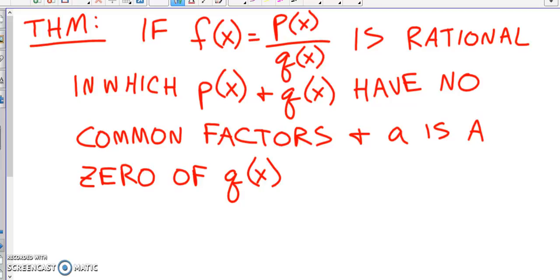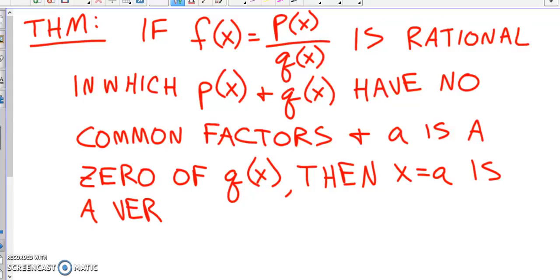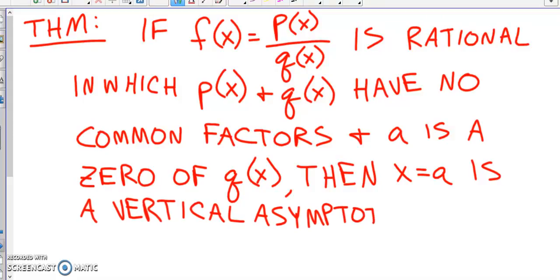So let's understand the setup before I write the conclusion of this. So if you have a rational function, but the key is that the two polynomials don't have any common factors, okay? And if a is a 0 of q of x, so in other words, where division by 0 would occur, then x equals a is a vertical asymptote of f of x.